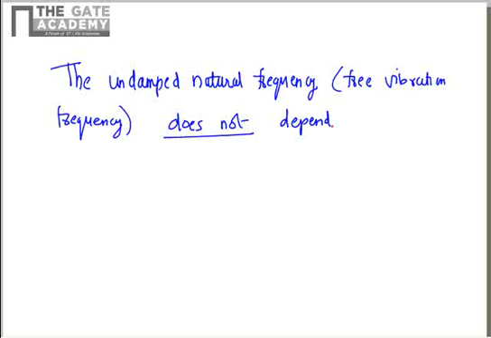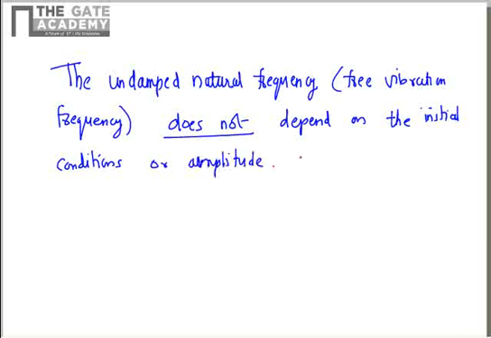So I'll write that statement, the observation here, and this you must understand, and you should grasp this concept very carefully: the undamped natural frequency of the system does not depend on the initial conditions, initial displacement, initial velocities, or amplitude of vibration. It is a natural property of the system.